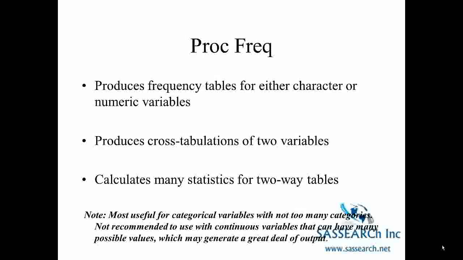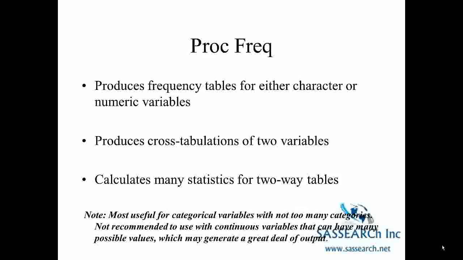PROC freq produces frequency tables for either character or numeric variables. PROC freq is also used to produce cross-tabulations of two variables, and it's also very useful for calculating many statistics for two-way tables, such as the chi-square statistic and the Fisher's exact statistic, and we will be talking in detail about the kinds of statistics we can calculate from PROC freq later on in the class.